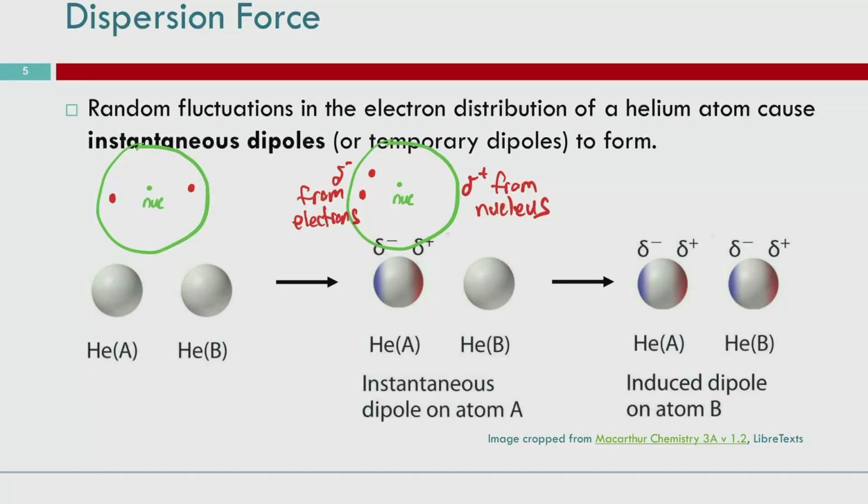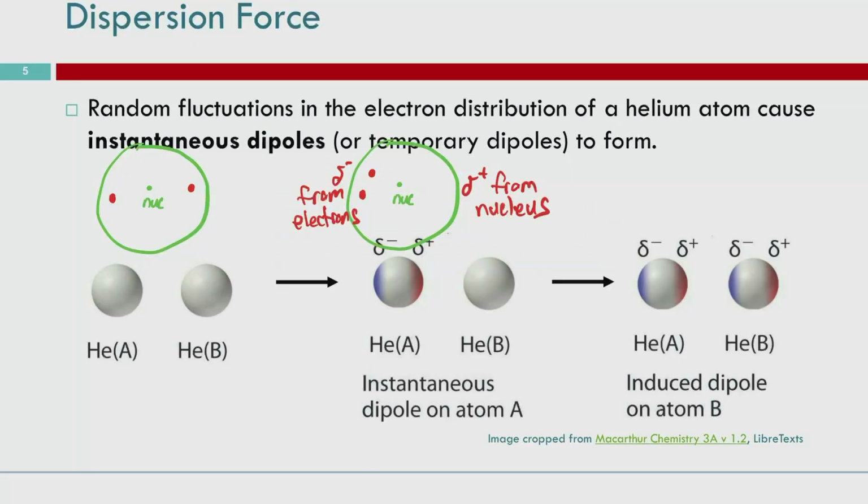and it's also just a partial negative, partial positive, and it depends on how many electrons have all gotten over to one side versus being evenly distributed. But what this can do is that if we have this happen on atom A, and it's next to another atom of helium, this partial positive from our nucleus can pull the electrons from our other atom over to it.